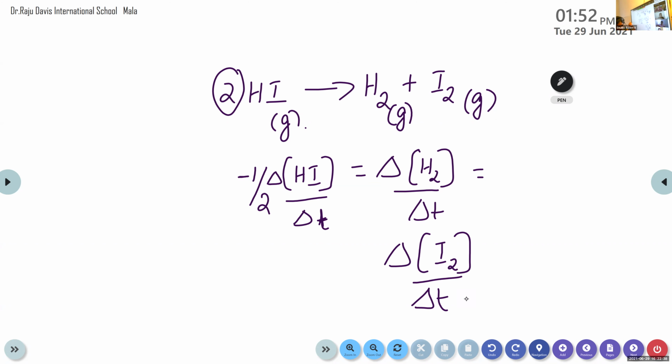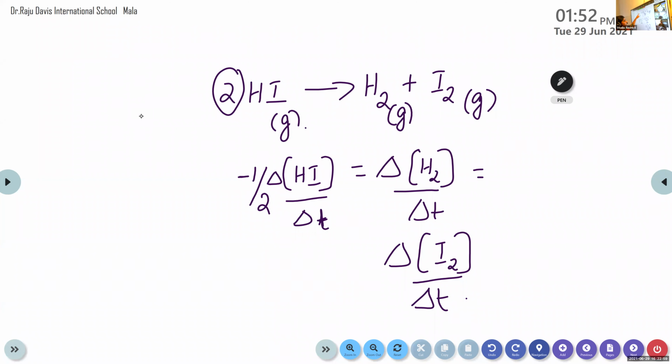One more question. Ma'am, why do you take 1/2 instead of 2? That's in order to make that coefficient unity. Not all the coefficients here are 1, so in order to consider that, we are taking this one in the denominator.